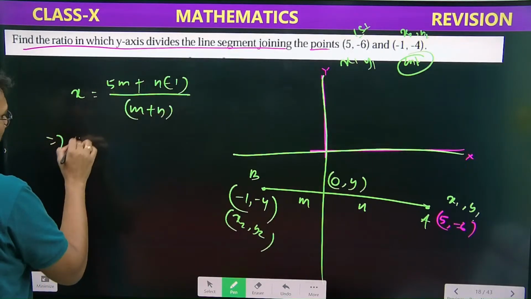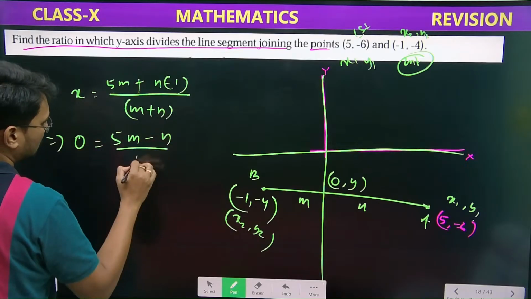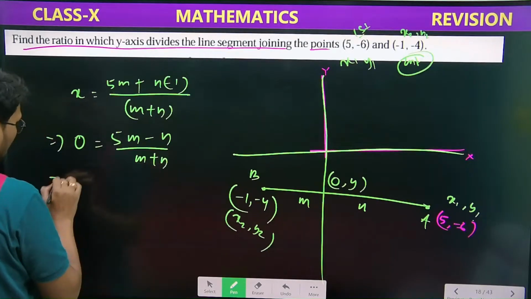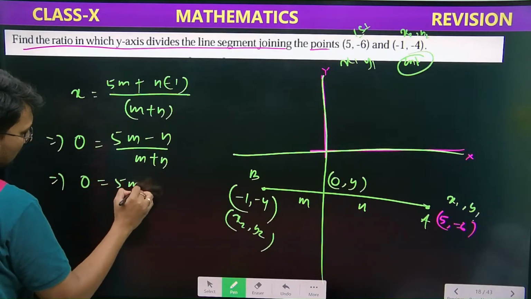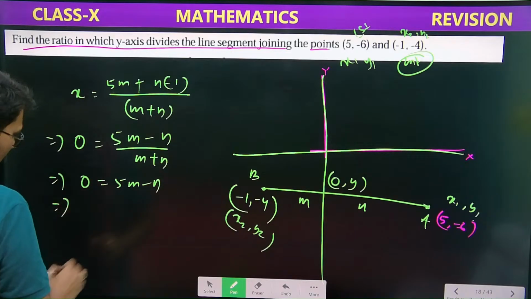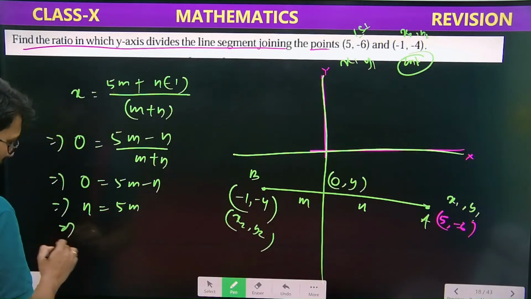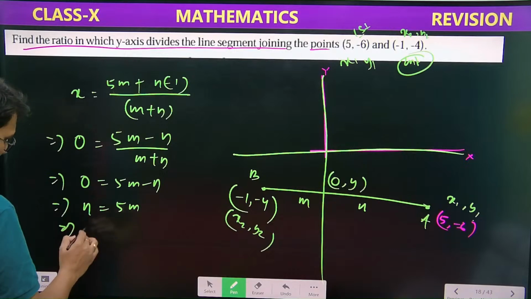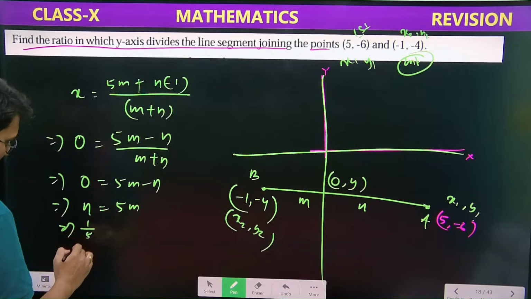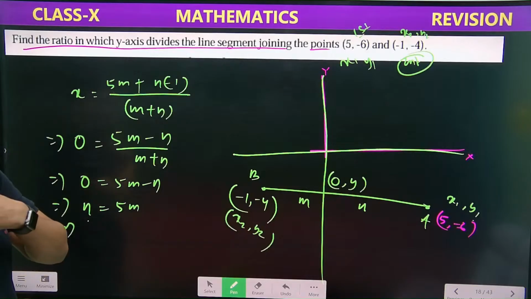Since x is 0, (5m minus n) divided by (m plus n) equals 0. Multiplying m plus n with 0 gives 0, so 5m minus n equals 0. Hence n equals 5m. So we will get m by n. Let me divide there. Again, the same problem. Oh, what happened?